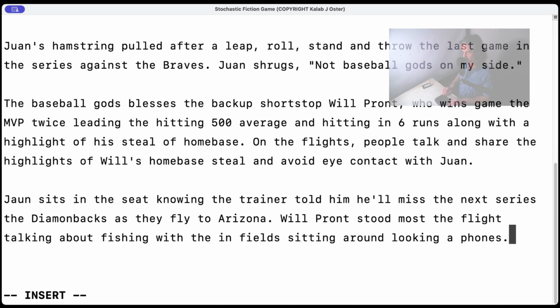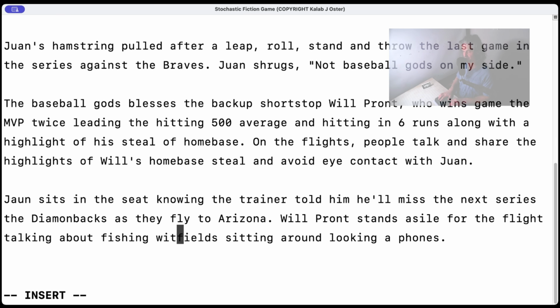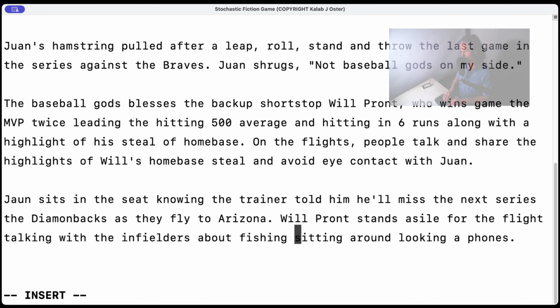Will Prompt stands most of the flight in the aisle, talking with the infielders about fishing while they sit looking at their phones.